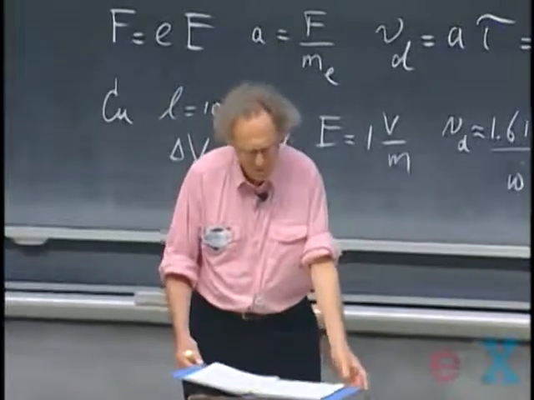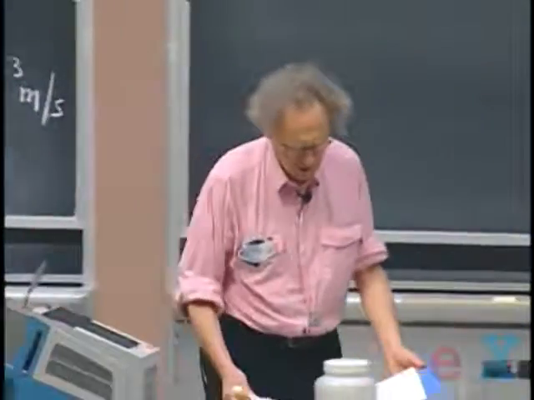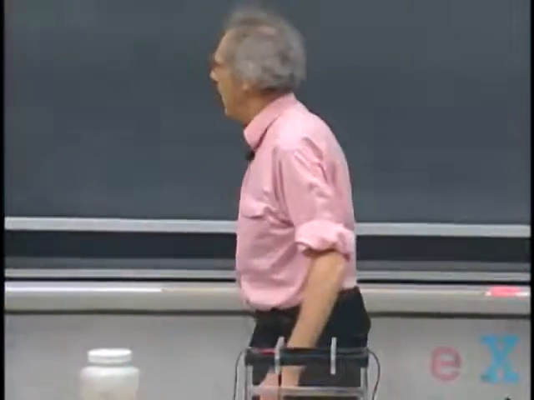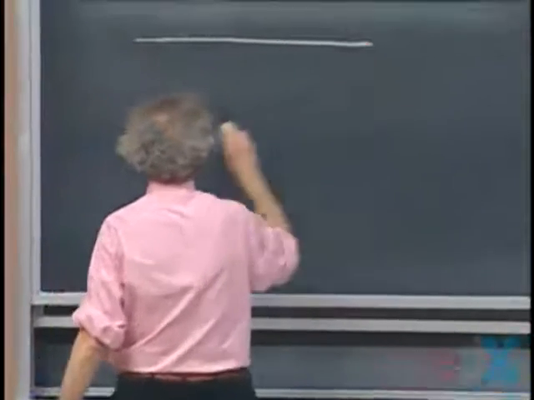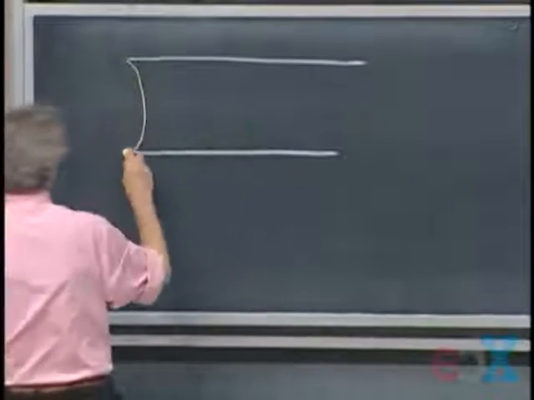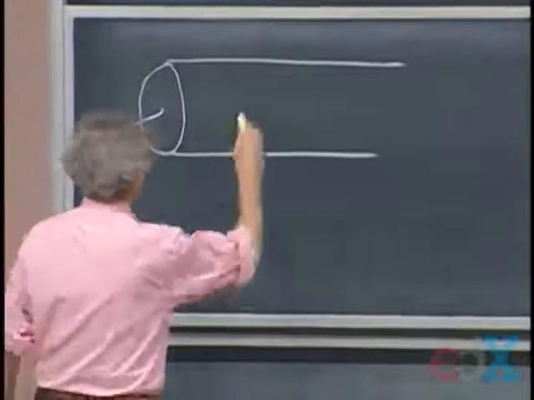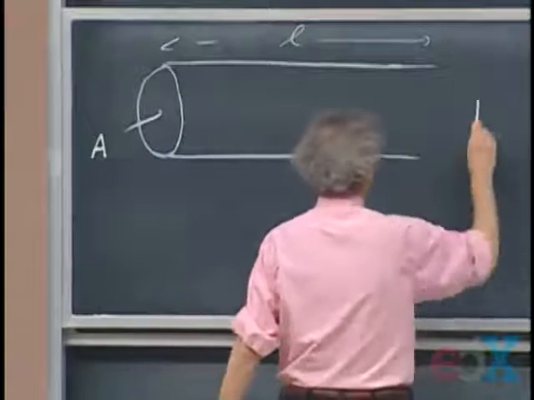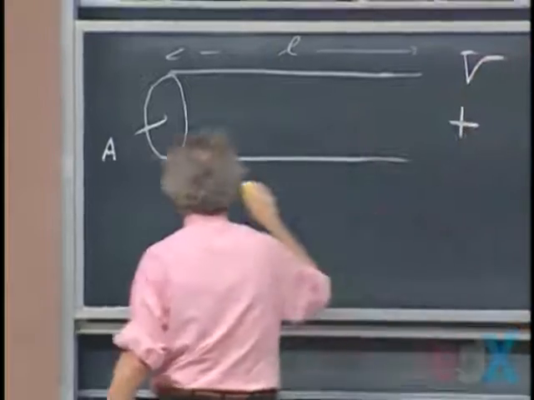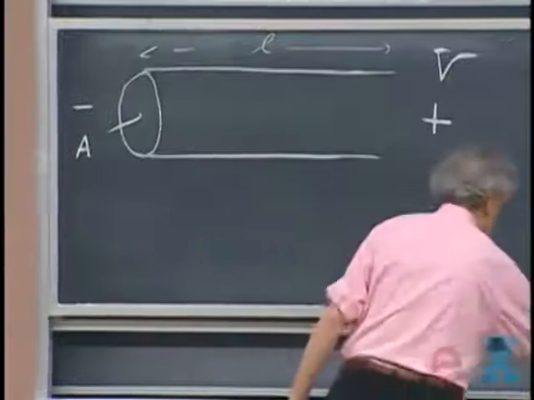Now I want to massage this further and see whether we can somehow squeeze out Ohm's law, which is the linear relation between the potential and the current. So let me start off with a wire which has a cross-section A, and it has a length L. And I put a potential difference over the wire, plus here and minus there, potential V. So I would get a current in this direction.